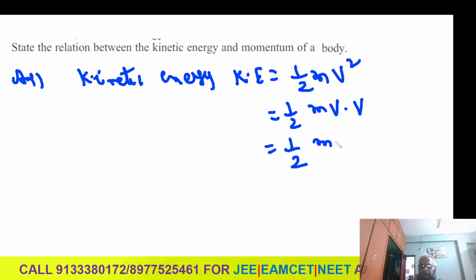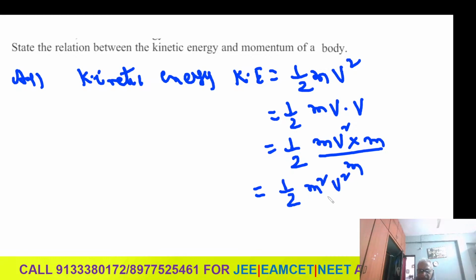Half m v square multiplied by m and divided by m gives half m square v square by m. So this can be written as half m v whole square by m.